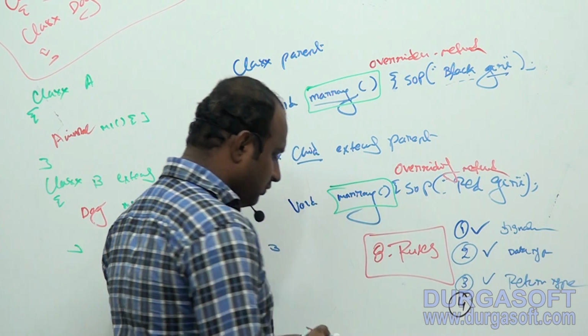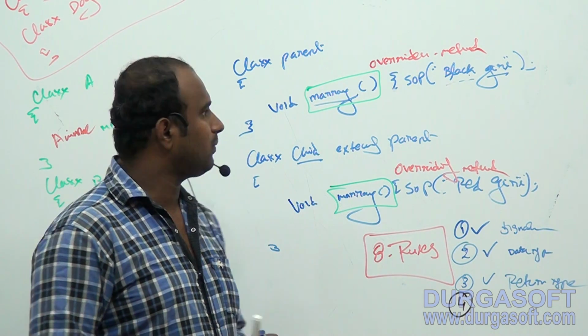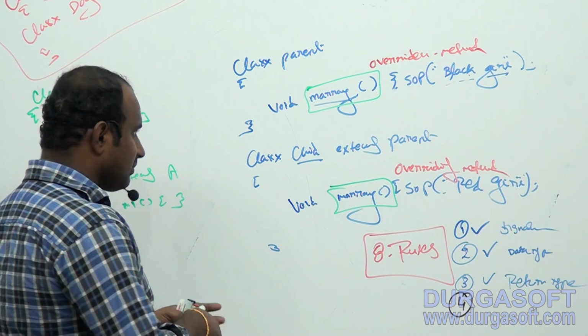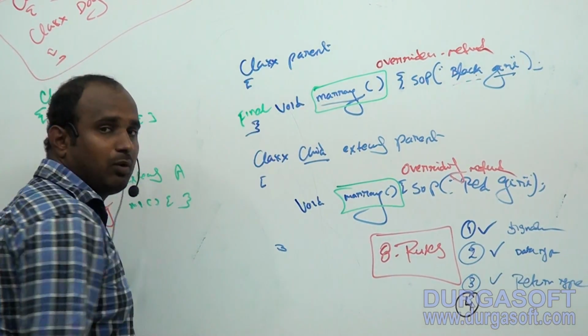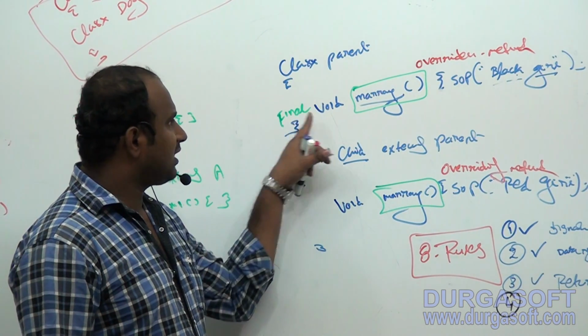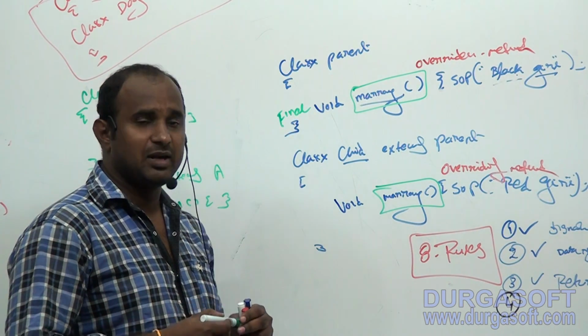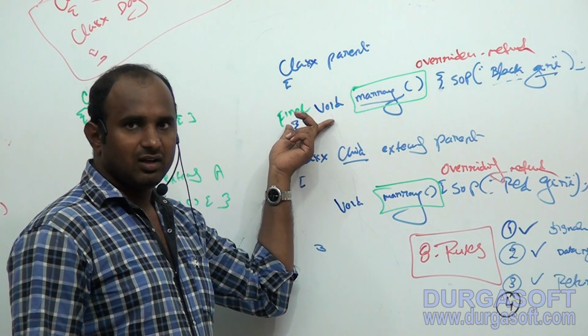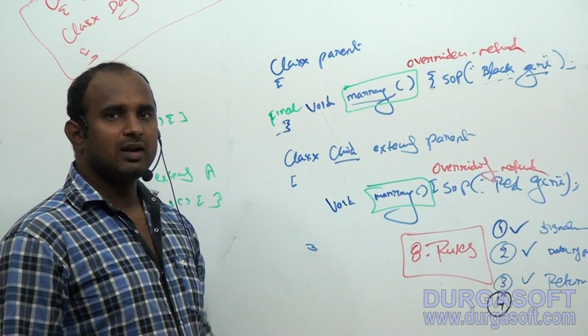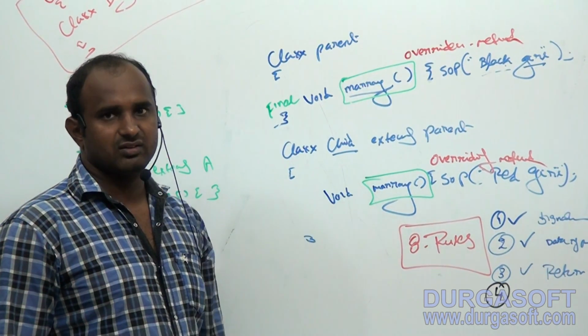So what is rule number 4? In the parent class, the father declared the final modifier. If an overridden method is declared as final, it is not possible to override the final methods in the child classes.